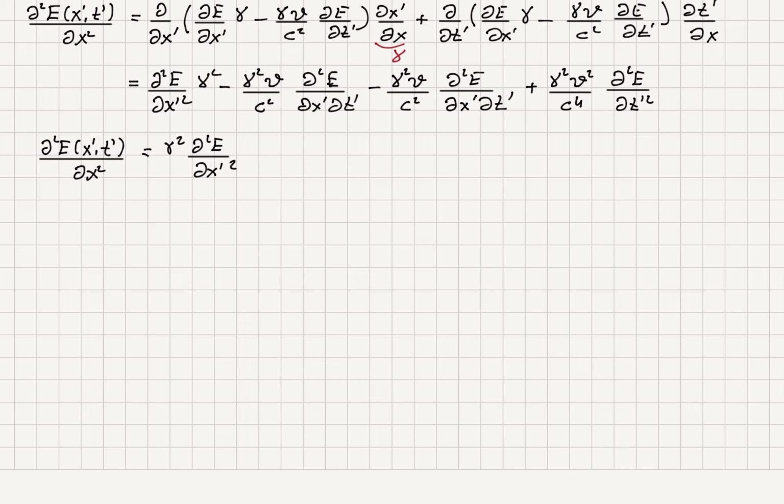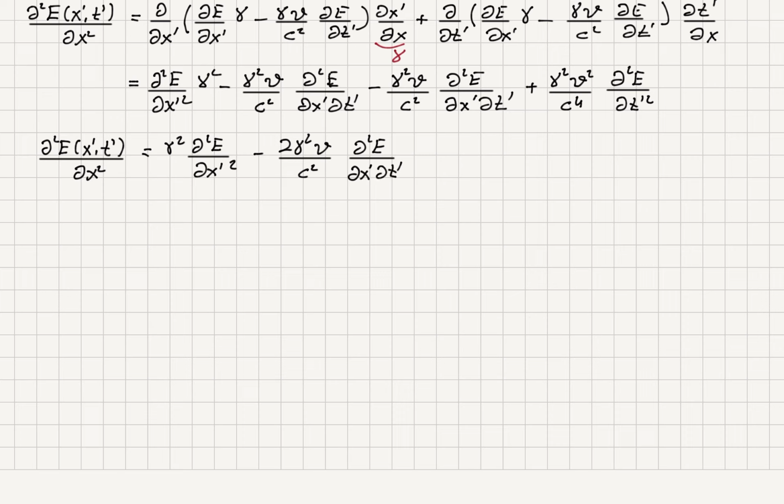And then you can see here I have two of these terms. So this is going to be minus 2γ²(v/c²) ∂²E/∂x'∂t'.